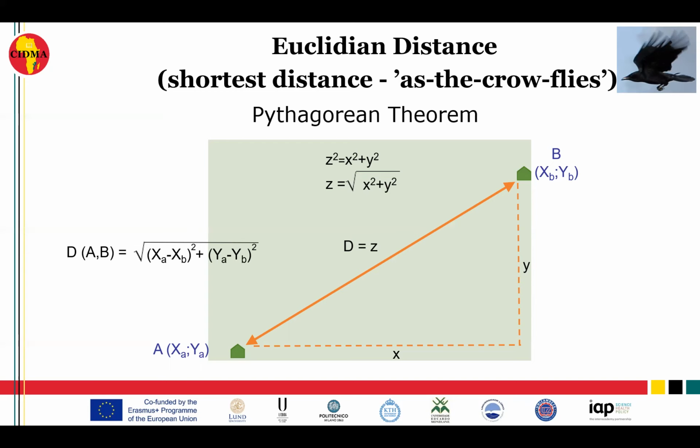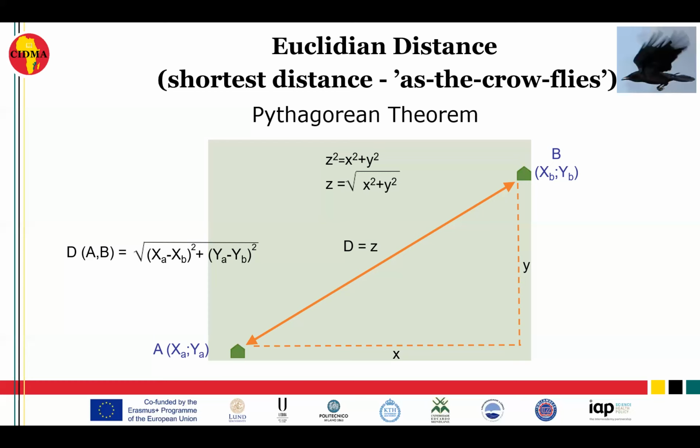And if we know the x and the y, we can calculate the Euclidean distance between these points through the Pythagorean theorem that tells us that the square of x plus the square of y is equal to the square of z, the hypotenuse, I think it's called. So that's what the GIS program will use.